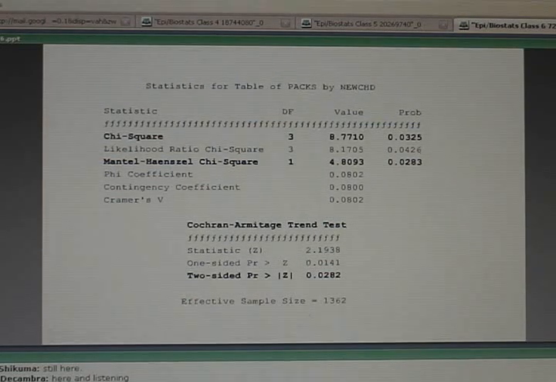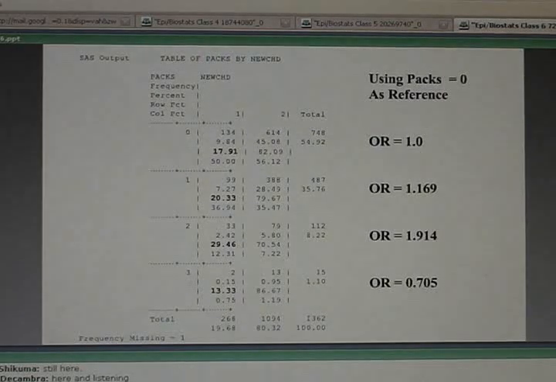So again, for a 4x2 table, this is nothing more than building a model with 3 indicator variables to represent 3 of those 4 rows. More importantly, remember the 3 odds ratios, each comparing a level of smoking to the non-smokers: 1.169, 1.914, 0.705.